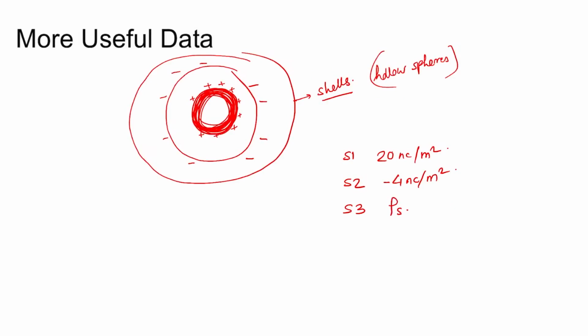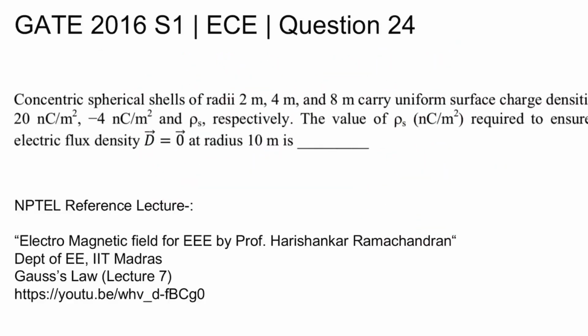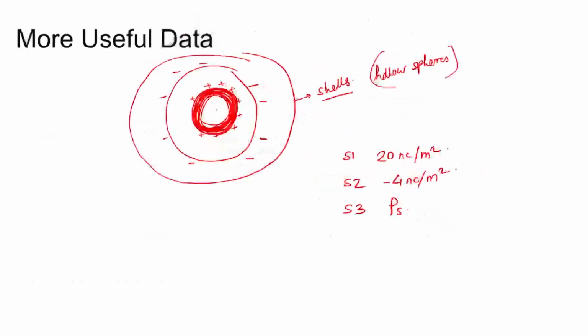So this is the configuration. Now at a point 10 meter they are asking, outside, and the radii are 2, 4 and 8, so this is 2 meter, this is 4 meter, this is 8 meter.